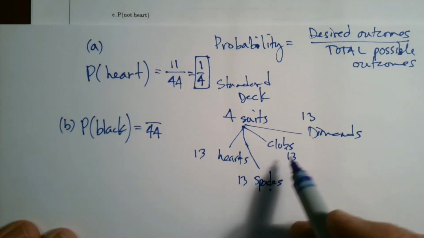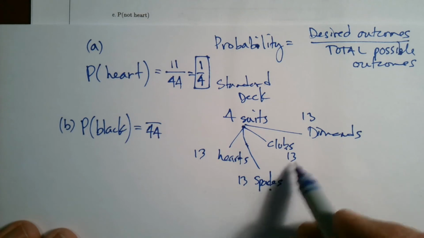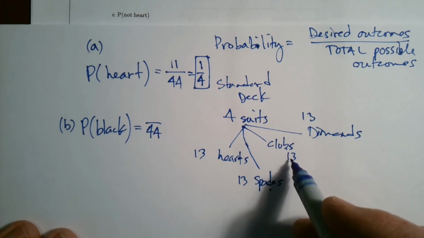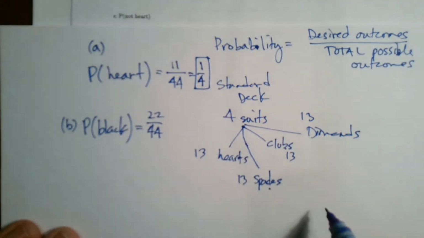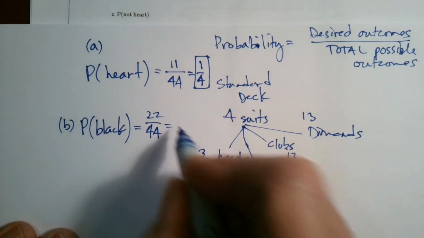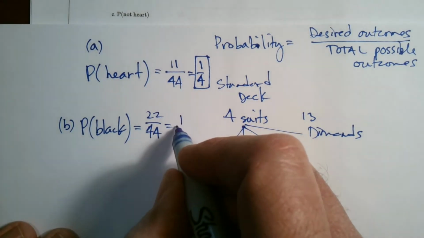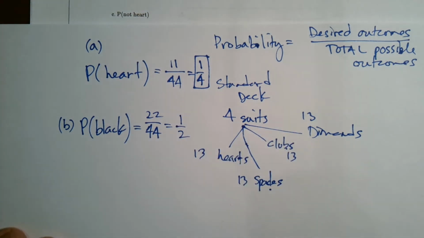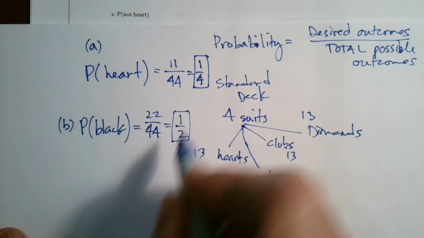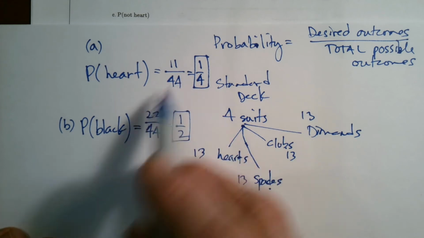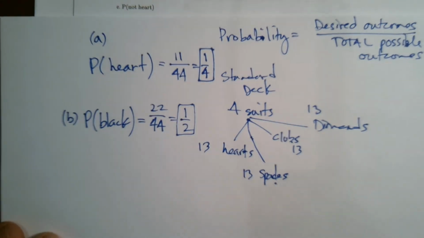Normally there would have been 26 black cards, but I've taken out 4 of them, so there are only 22. So 22 over 44, or 1/2. That's the probability of a black card.